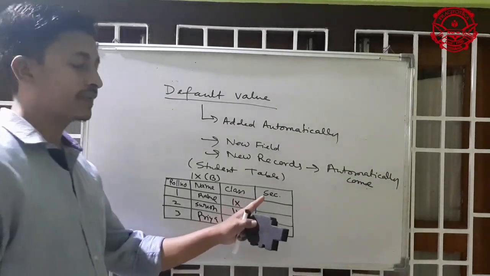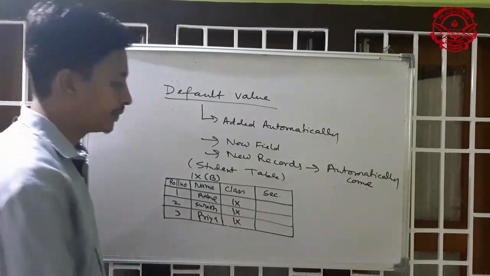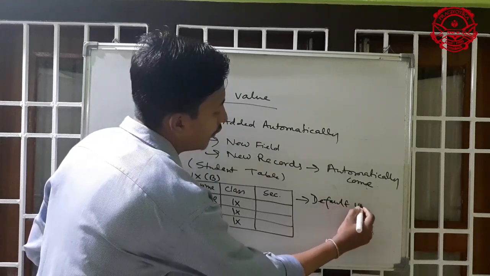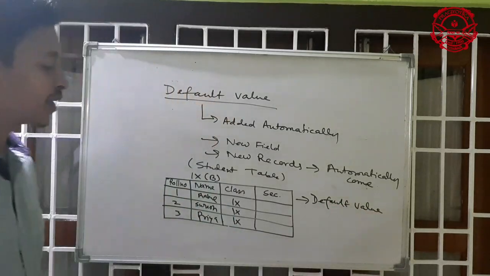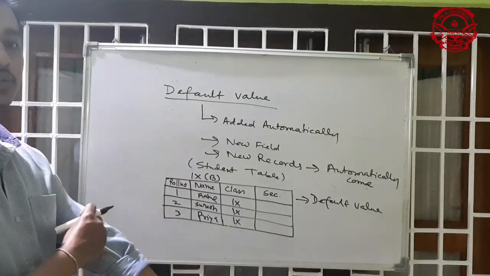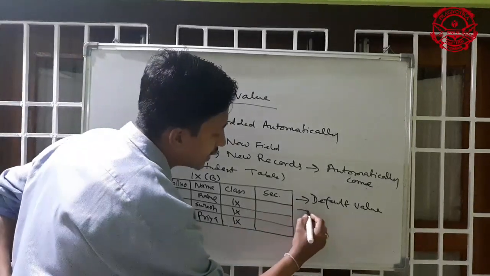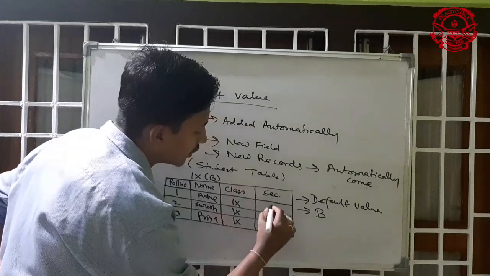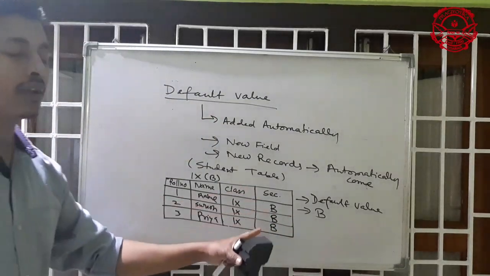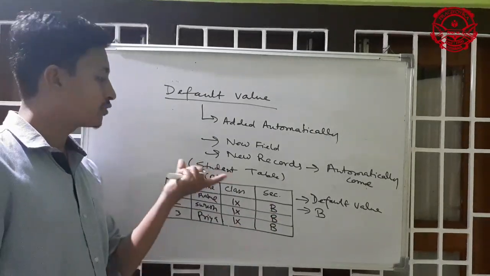And in the section field, you can give a default value. Because this is class 9B, it means the section is B, and no A section is coming, so you can give a default value, that the section should be B. So B will come automatically, because this is the class 9B student table.